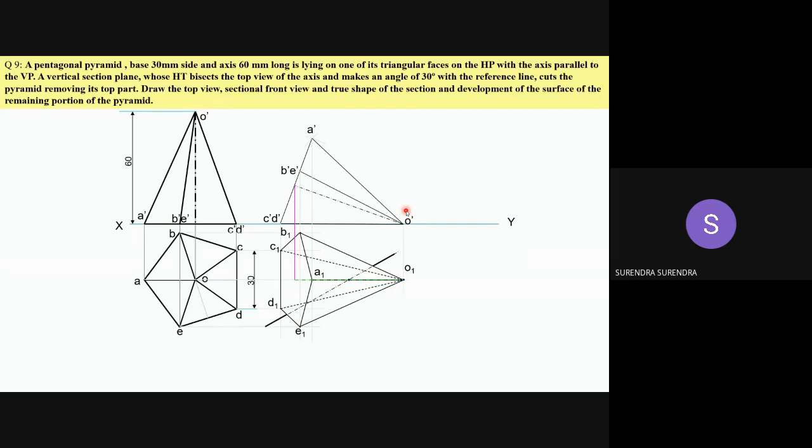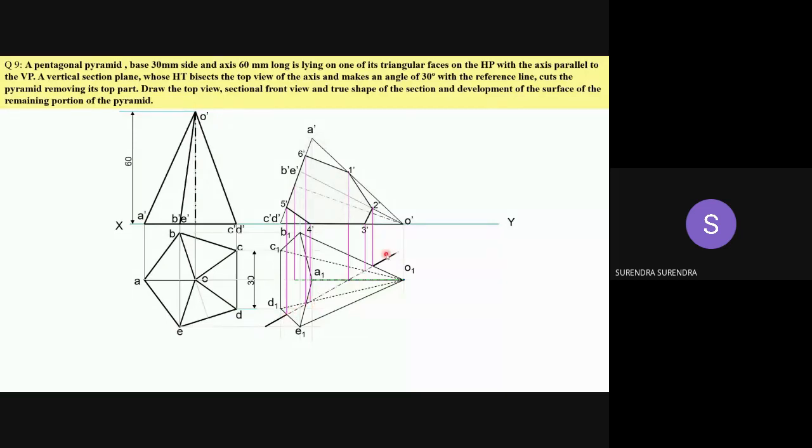Highlight the edges. Now, this section plane is cutting at these points. Mark the points where this section plane is cutting. Mark all those respective points, and then join them, so that it avoids confusion.